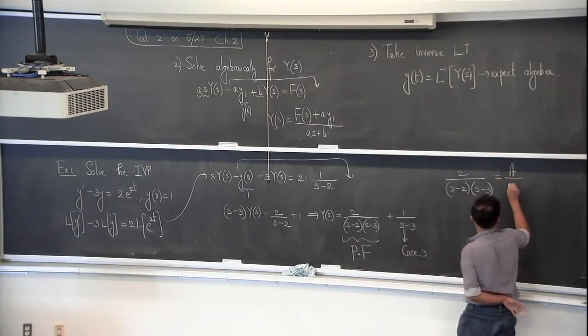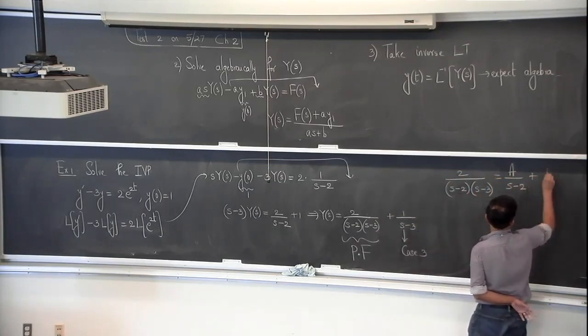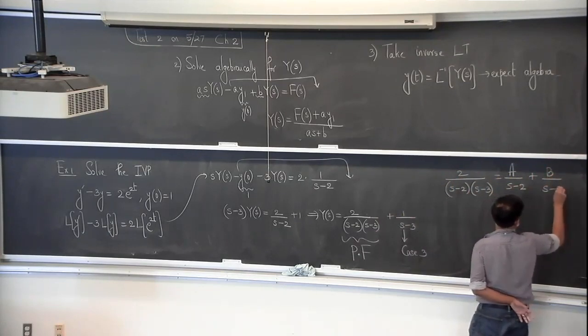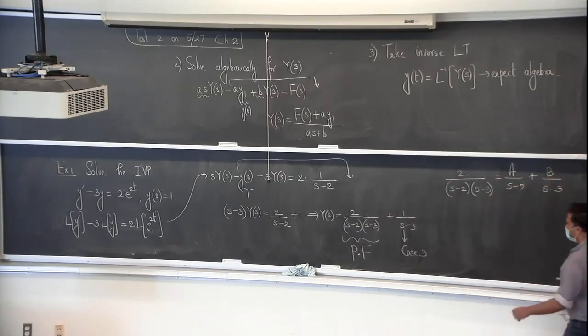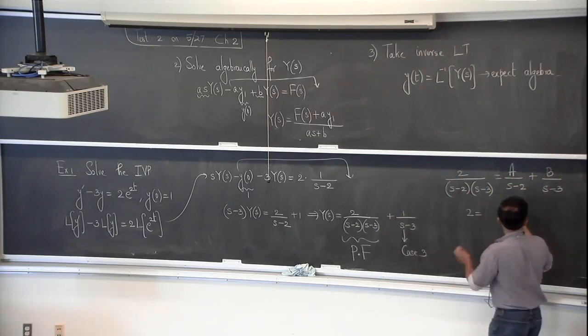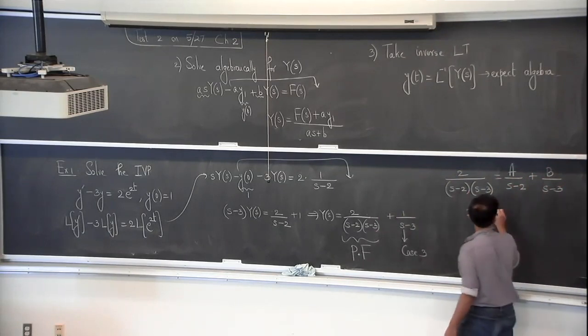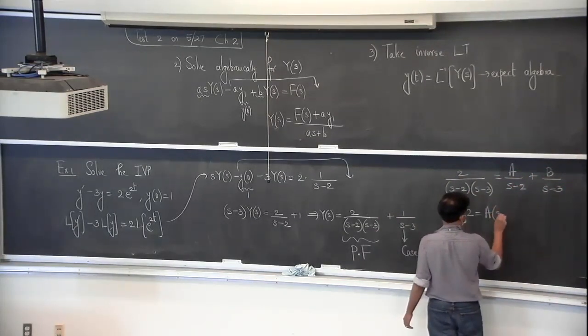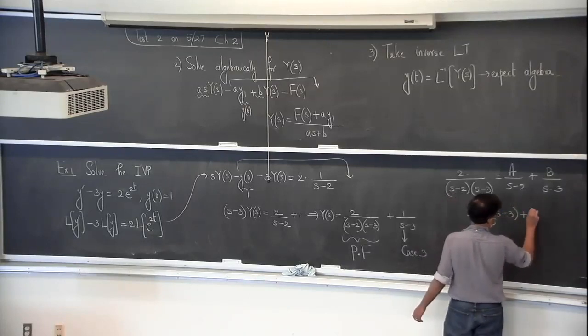Both these are linear terms, so A over s minus 2 plus B over s minus 3. Nothing amazing going on here. It's just a pair of linear terms. So it's A times s minus 3 plus B times s minus 2.